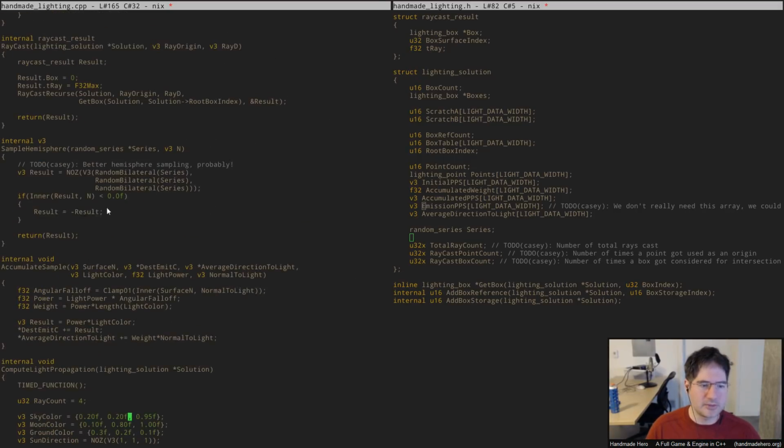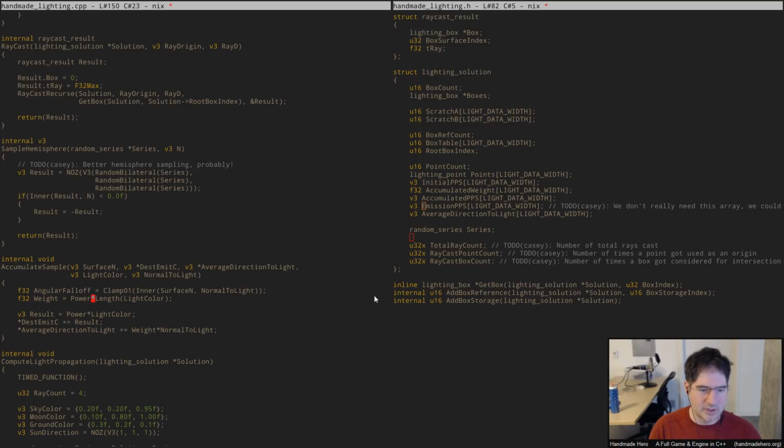Okay. So accumulate sample is still, I think, our friend. The angular falloff still wants to be there. The light power is not relevant anymore. So that goes away, I believe. So it is strictly the angular falloff in question. The weight is just the angular falloff times that light color.